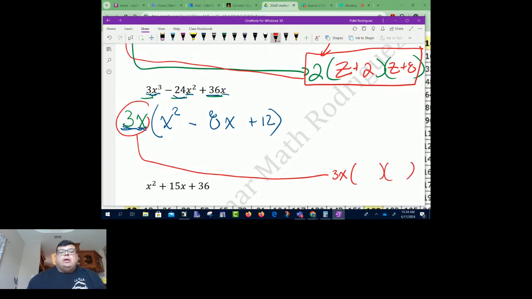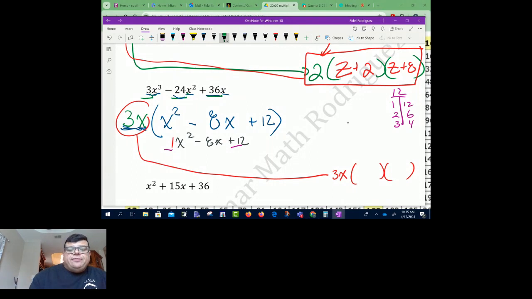Okay. Now, I'm going to look at what we got inside. X squared minus 8x plus 12. Remember, y'all, the number right there is a 1. So we're going to say, what's 1 times 12? 1 times 12, y'all, is still 12. I'm going to think of the numbers that I know that multiply to 12: 1 and 12, 2 and 6, 3 and 4.